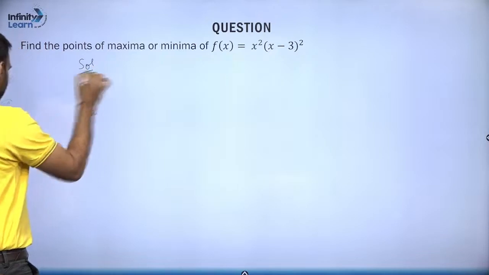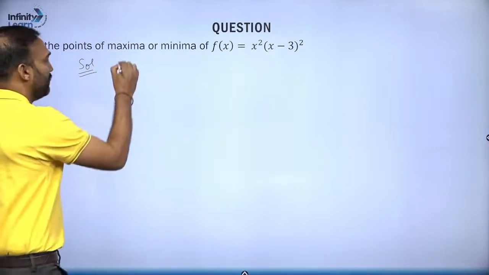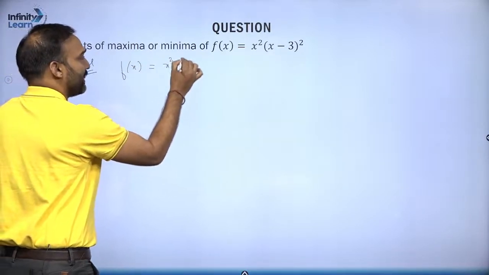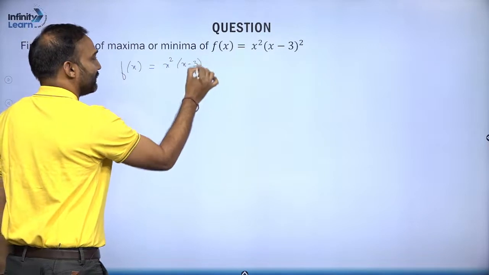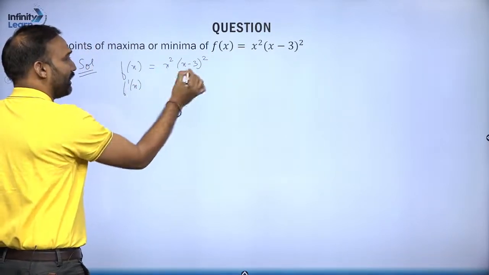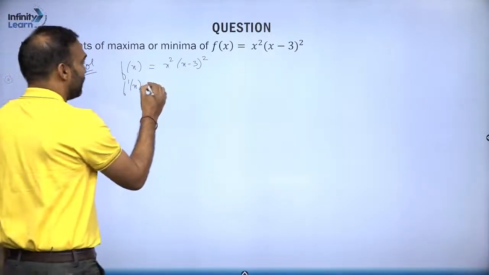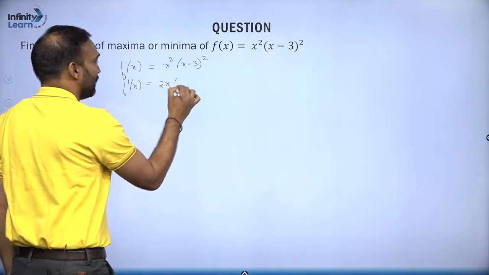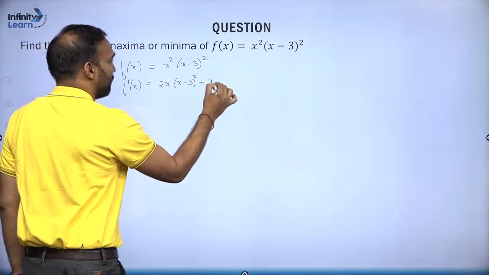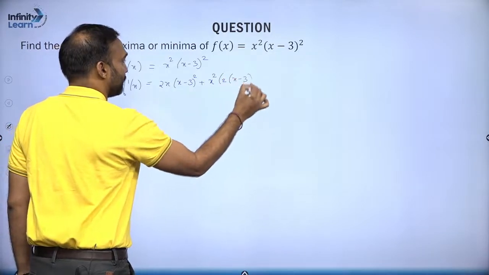So now we will find the derivative of this function, which is given as x square into x minus 3 whole square. So how do we differentiate this? It's a product of two functions, so I will be using the product rule. So differentiating the first function, keeping the second function as it is, plus keeping the first function and differentiating the second function.